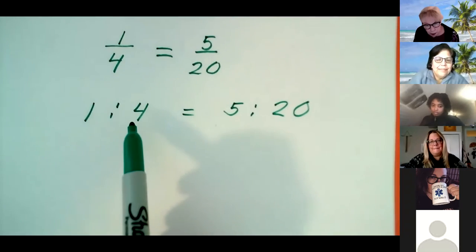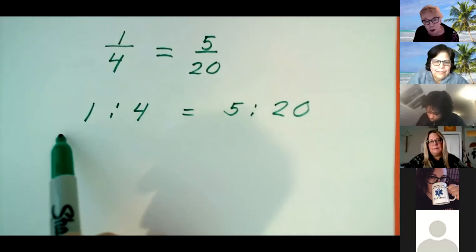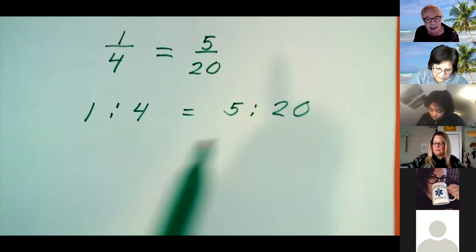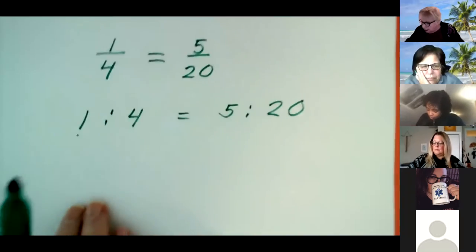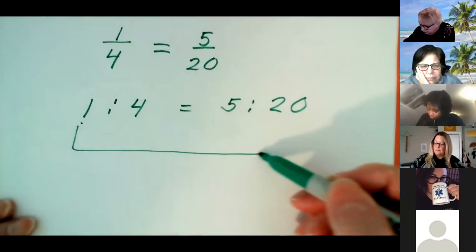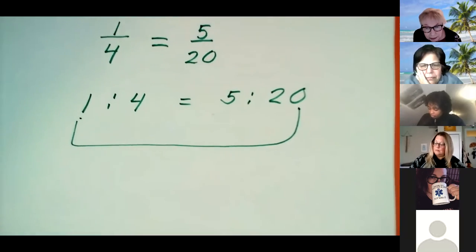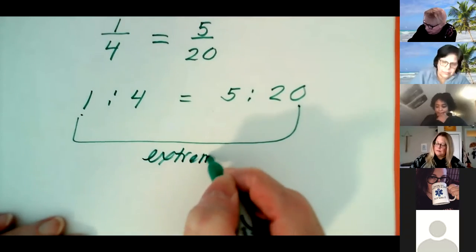They used it as 1:4 equals 5:20. Written in this form, which is not the form they're doing it, it's easy to spot. It's easy to answer this. This number and this number are at the extreme, and so these two are called the extremes.